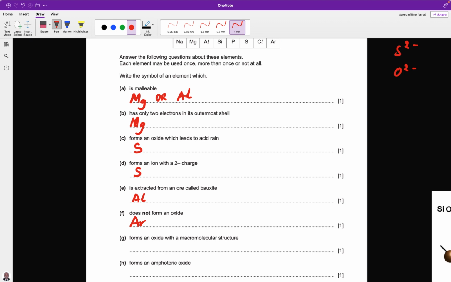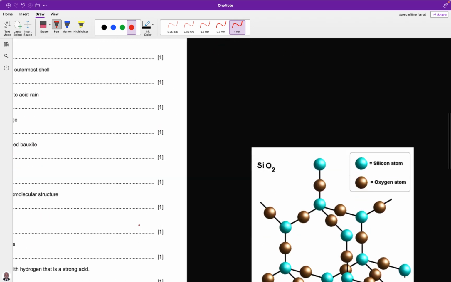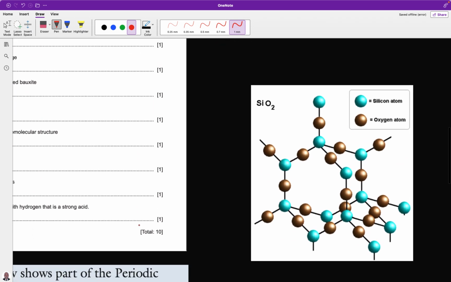So for silicon dioxide, for instance, let me show you. This is a very good example of a giant molecular structure, or what we call a macromolecular structure. This is the structure of silicon dioxide. It is formed between silicon and oxygen.